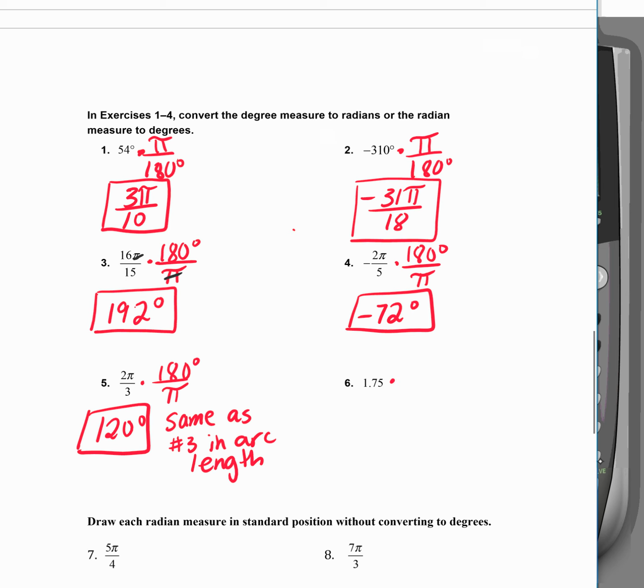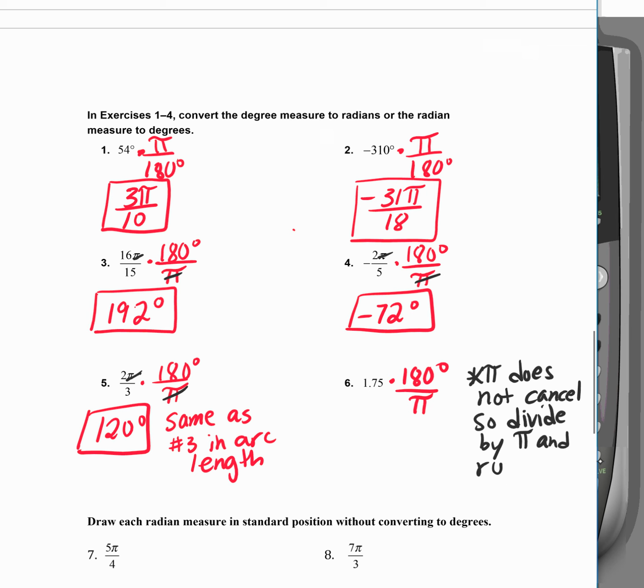Now this last one, when we multiply by 180 over pi, unlike the previous ones where the pi cancels out, the pi does not cancel out here. So when you're typing this in the calculator, you do want to divide by pi and round your answer.